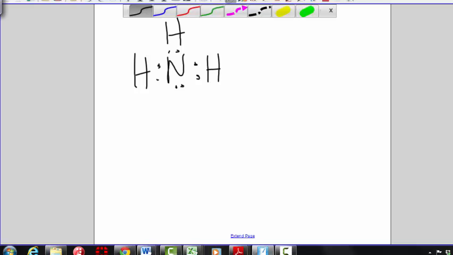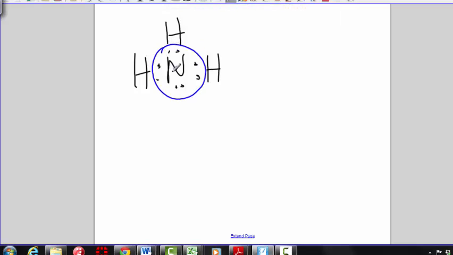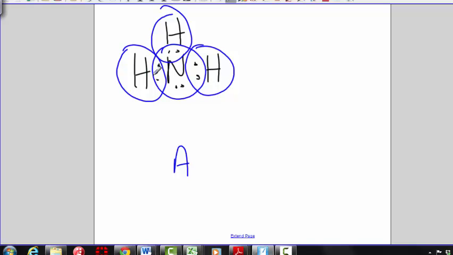Now we've got nitrogen as my center atom. So there's the A. We've got 3 hydrogens directly attached to the center atom. Those are my X's, so AX3. But what we've also got is this lone pair, this non-bonding pair directly attached to the nitrogen.